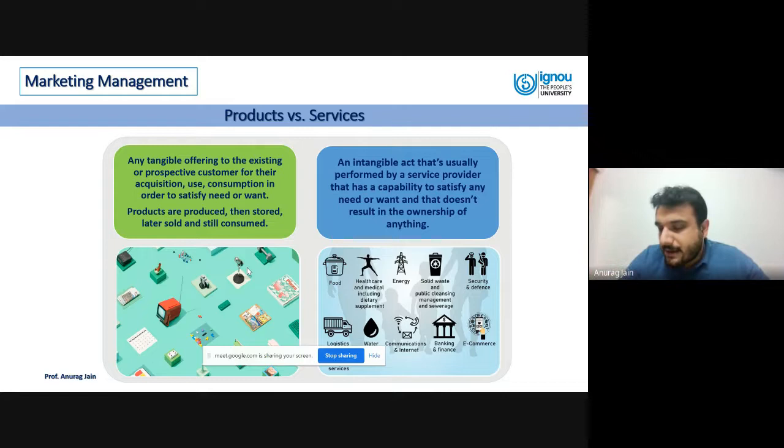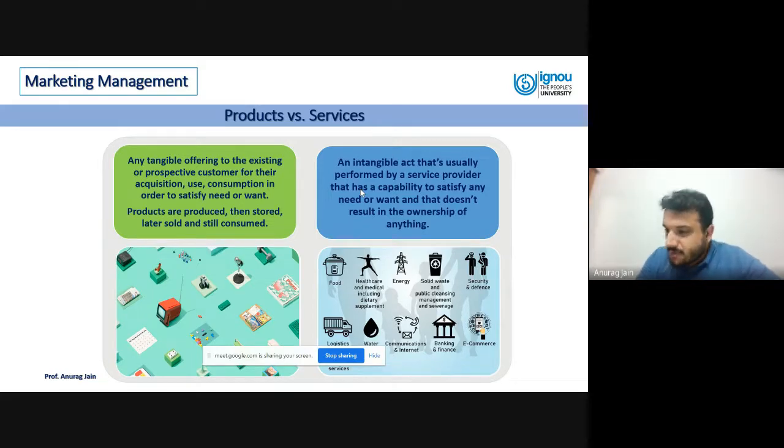This line is really important for the meaning we are trying to get from what services are. Ownership is something which very much differentiates products and services. Whatever kind of service you get, whether an airline service, a haircut service, any kind of security service, or a communication service, why is ownership missing?